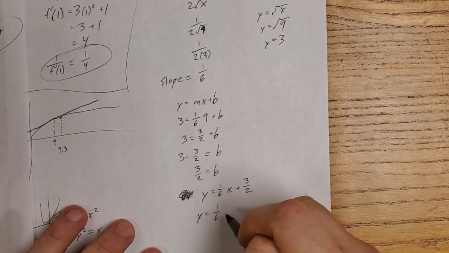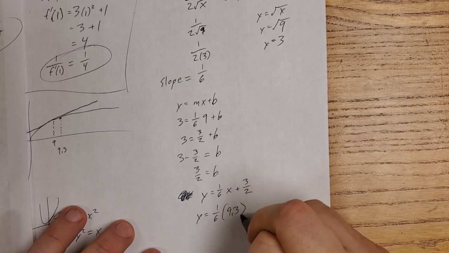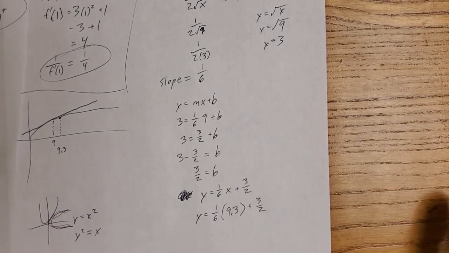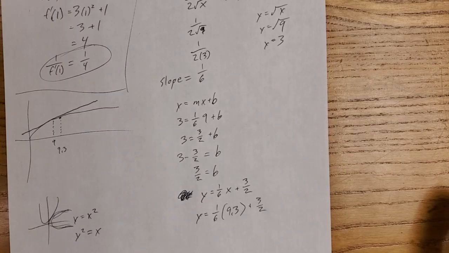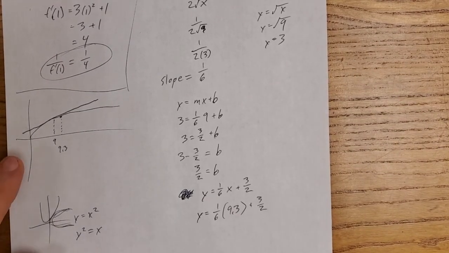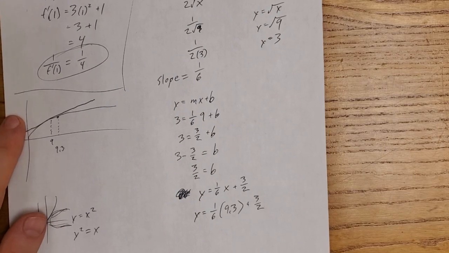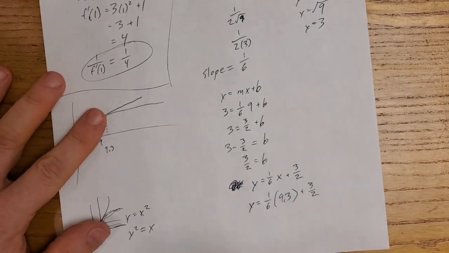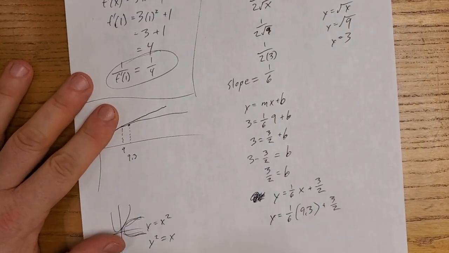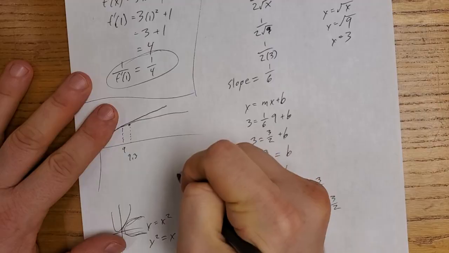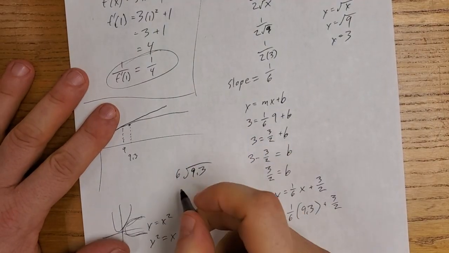So 1/6 times 9.3 plus 3/2. And again, we're not to the point where we're allowed to use a calculator yet. So in your head or on paper, we'll just do some regular long division.